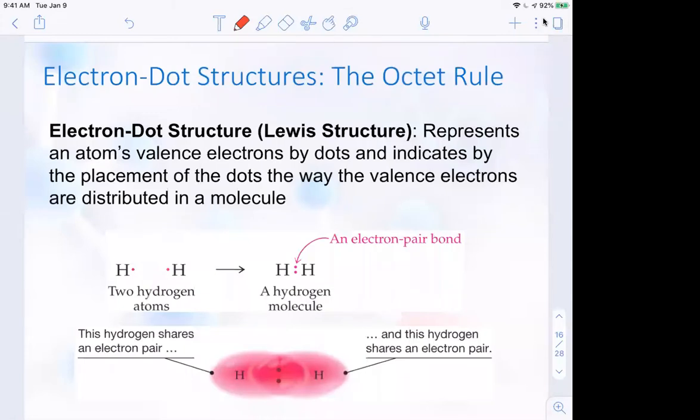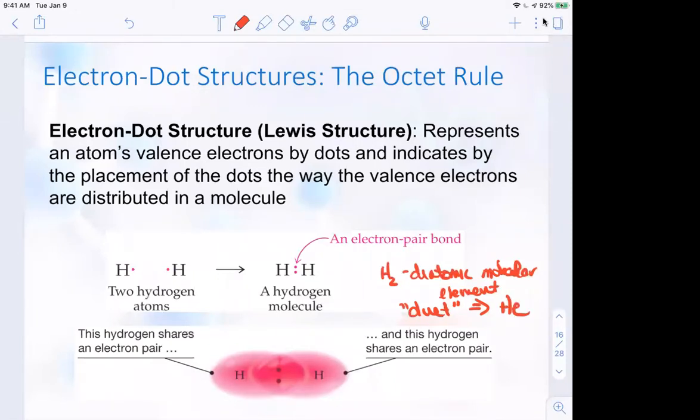An example of this is a very simple molecule, which is H2. H2 is a diatomic molecular element. And it wants to have a duet because it wants to be like helium, right? I want to be like a noble gas.